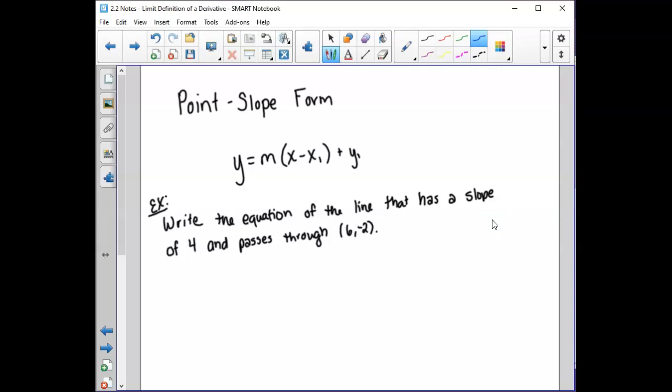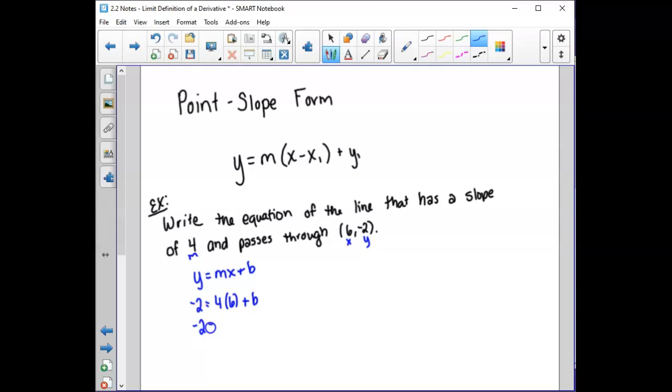So for this particular problem, the way that I teach students how to do it is I teach them to use y equals mx plus b. And so this is your x coordinate and this is your y coordinate, and of course this is your m. So I teach students to plug in the -2 here, and then the 4 here for that m, and the 6 here for the x, and that way they can find their b.